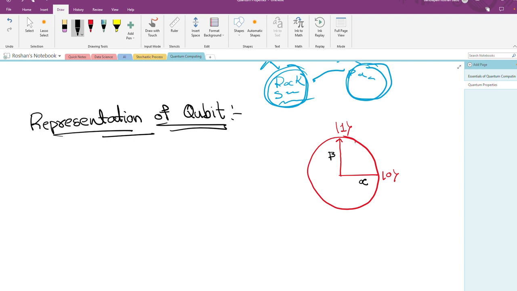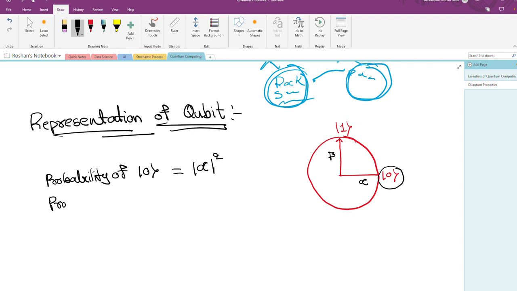Suppose in a numerical example we want to find the probability of the ground state, what is the formula? The probability of getting the ground state is mod alpha square.